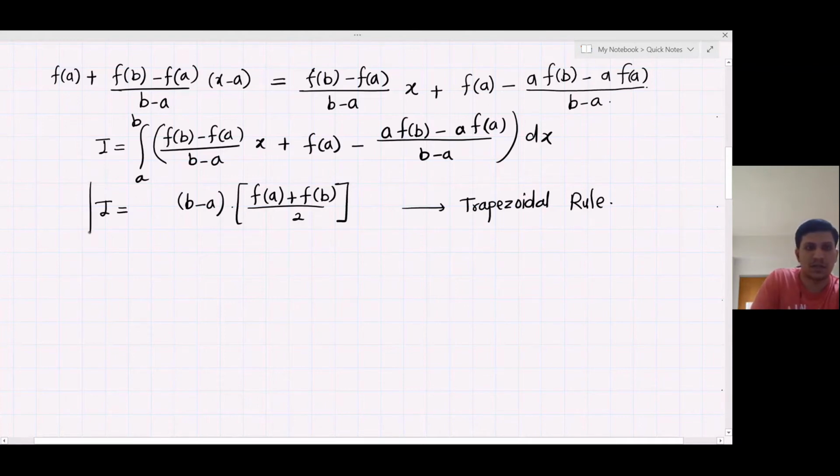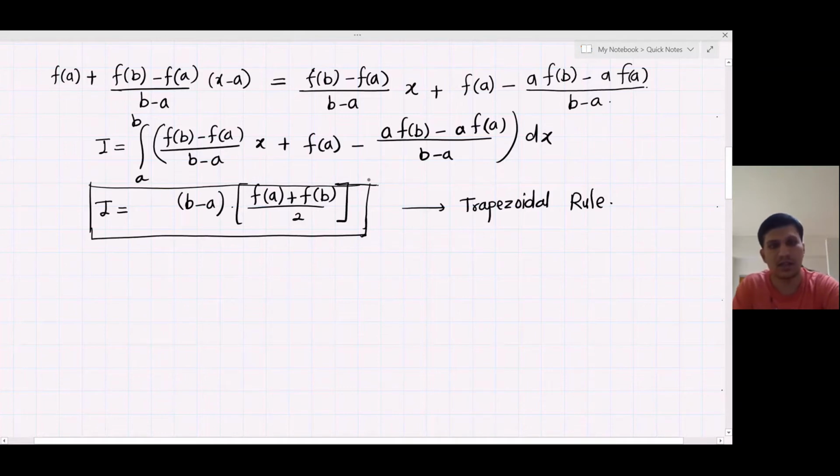So simply, if we approximate the function with the straight line, then the area under the curve is approximated by this formula, which is known as the trapezoidal formula, where f of a and f of b are the function values at a and b. Let us dig into that formula.